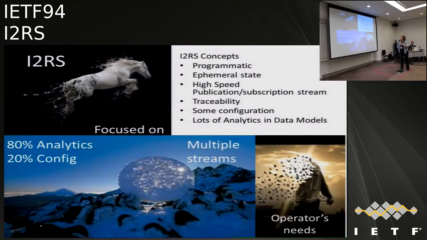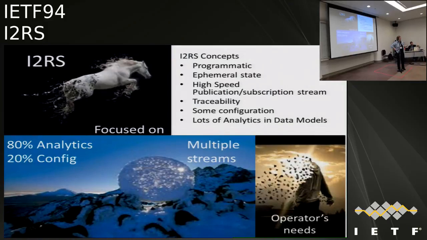But we will have traceability, and we'll have some configuration, but lots of analytics. What we have so far is we've really been working on the configuration because the ephemeral state has been the issue we ran up against first. But I want to remind us that that wasn't what we really started out to do.